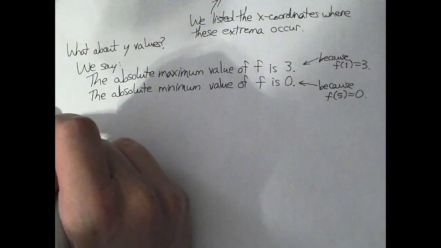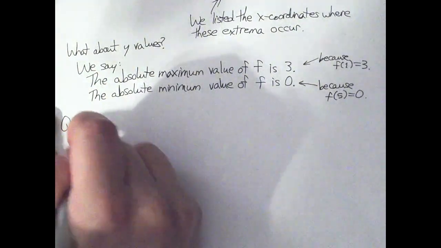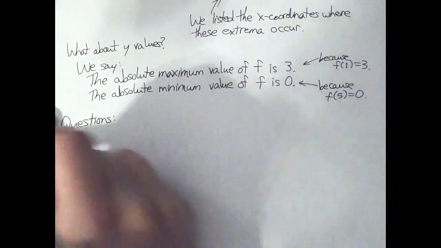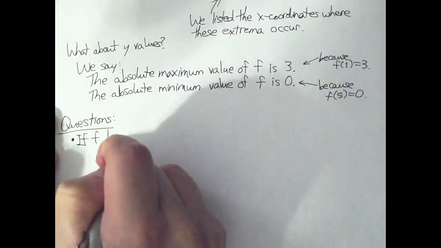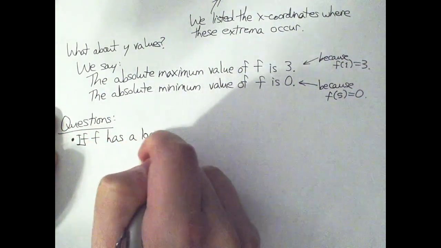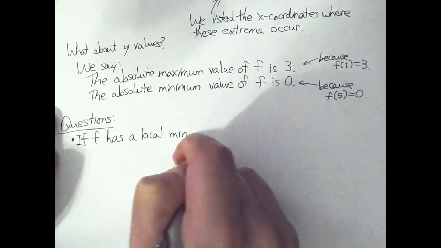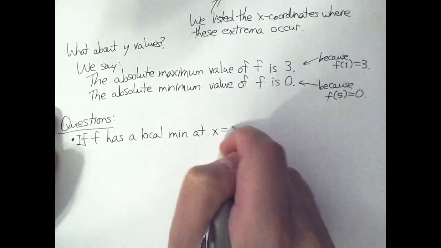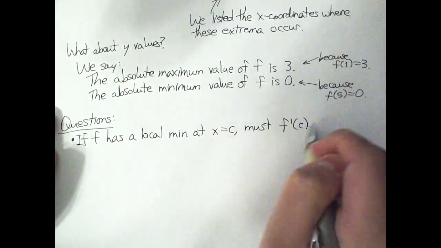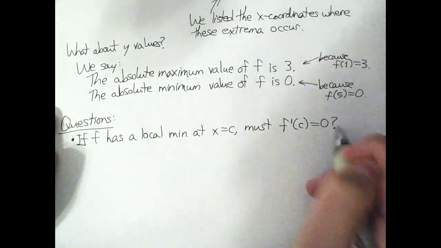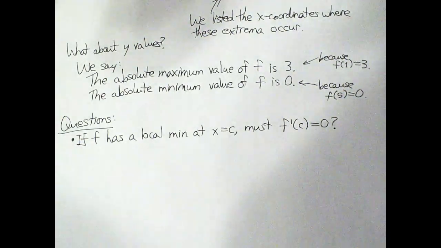I have a couple of questions for us to think about together. If f has a local min at x equals c, must f prime of c equal 0? It's just a yes or no question.